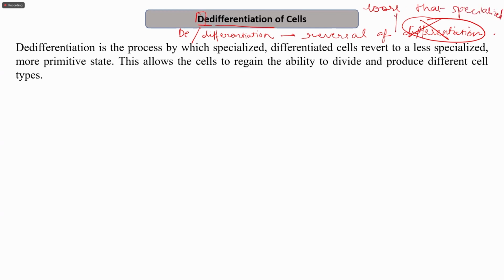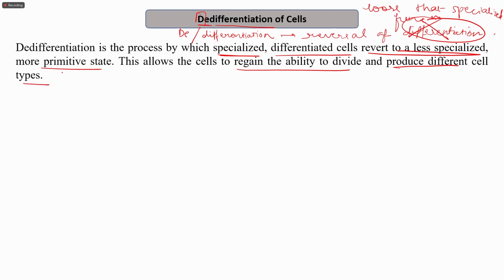and regain their capacity to divide. So de-differentiation is a process by which specialized differentiated cells revert to a less specialized state. From the specialized, they are reverting to the less specialized, more primitive state. And now they regain their ability to divide and produce different cell types.